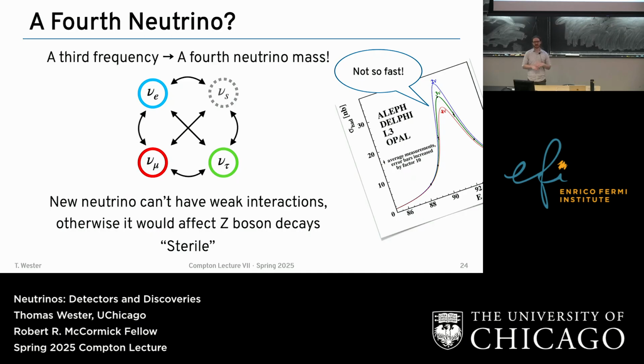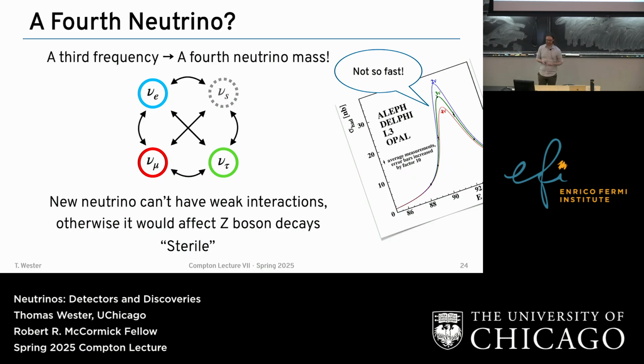If the neutrino doesn't have weak interactions, then it wouldn't be present in the Z boson decays that were observed very precisely at LEP. We've termed this neutrino that has no weak interactions a sterile neutrino. That's just the name we give to this hypothetical neutrino that could have an effect on oscillations at this scale, at these frequencies.